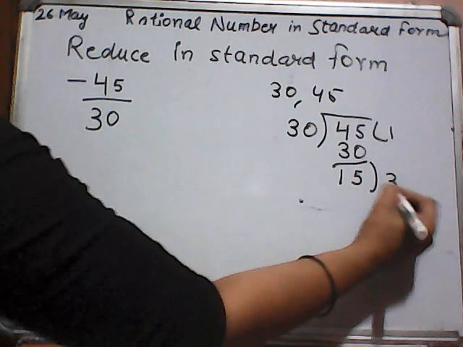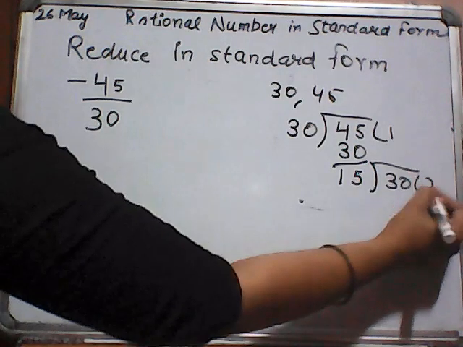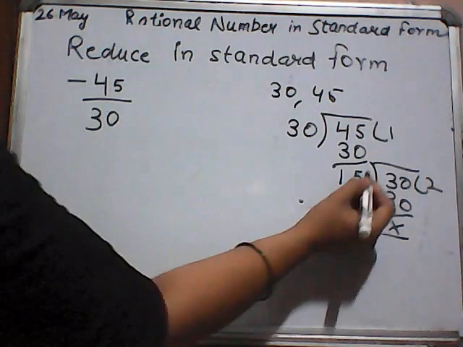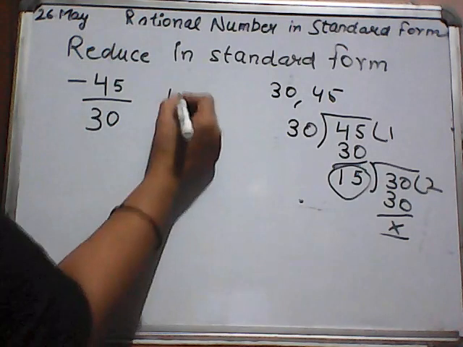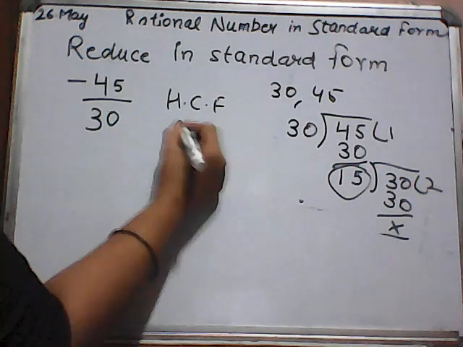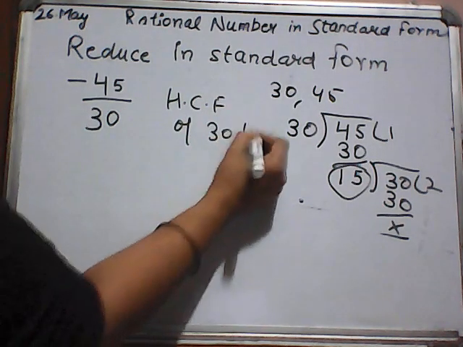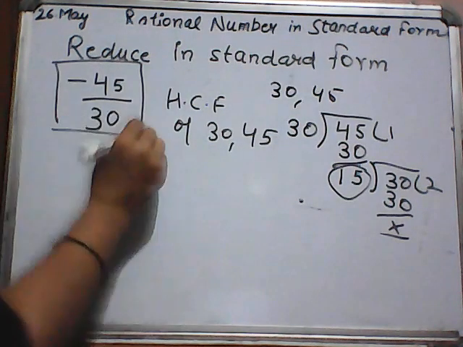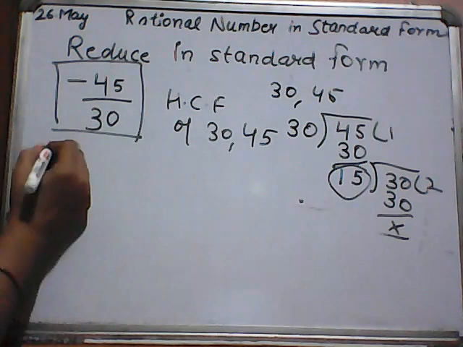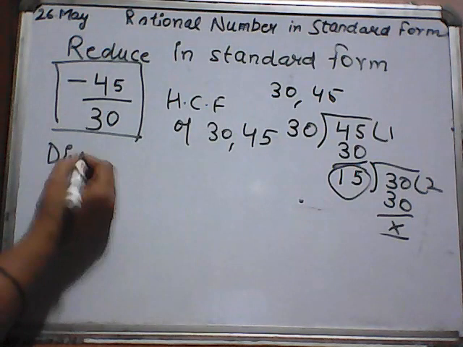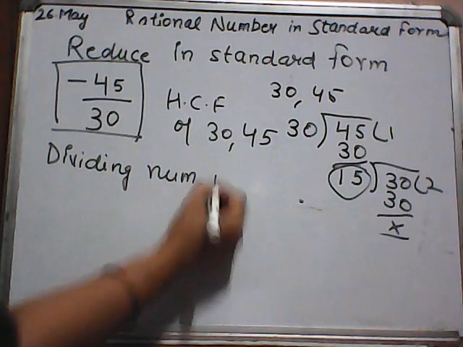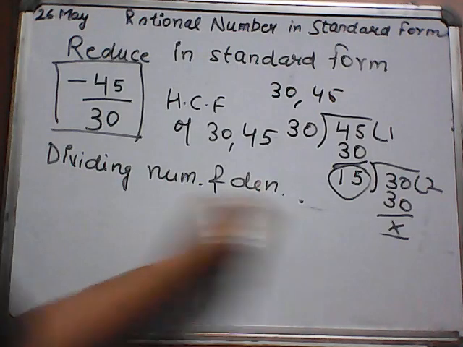Then 15 divided into 30. 15 twos are 30. Remainder is 0. Then 15 is the HCF of 30 and 45. If the given rational number is not in standard form, then divide numerator and denominator by their HCF.